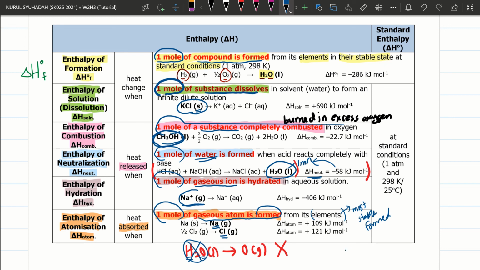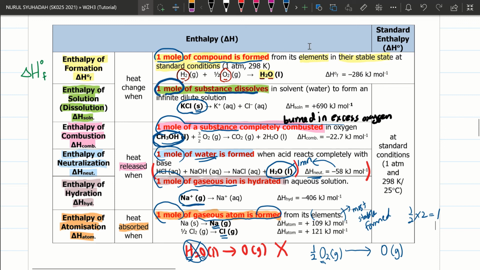To write the atomization of oxygen atom, it must be from oxygen gas, so only one element, and the most stable state for oxygen is gas. Since I need to balance, the right hand side has 1 oxygen and the left has 2, so I multiply by half. Left hand side: 1 over 2 times 2 equals 1 oxygen. Product also 1 oxygen. I hope it is clear for you.